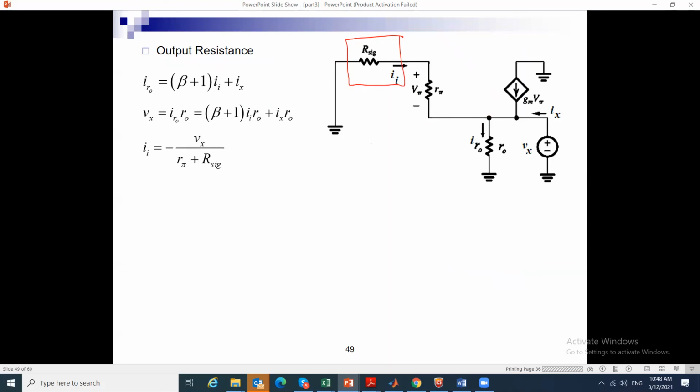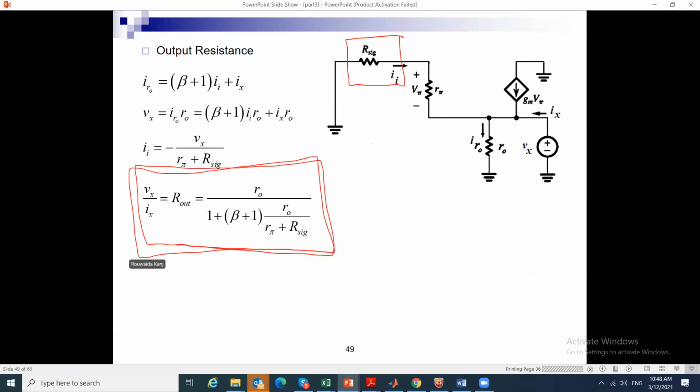Here he's finding quantities as function of the currents In, and eventually R out comes out to be this complex equation, which you can use automatically when you see the circuit like this, okay, with some R sig, V sig, okay, and here without RL, okay, so this is only looking into this circuit, and هيدي هي ال R out.